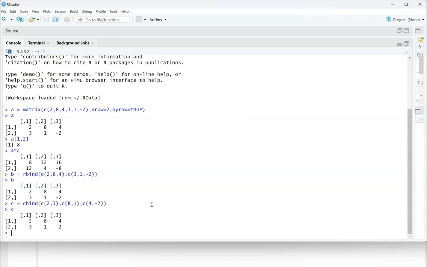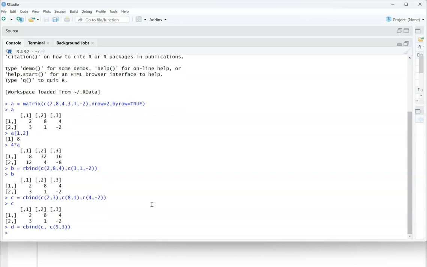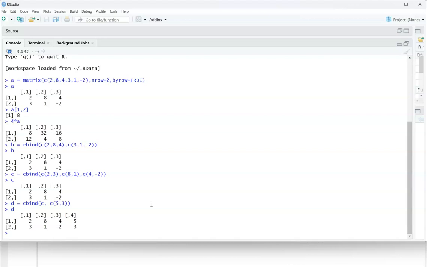You can use the same column bind command, C bind. The matrix we used was C to start with, right? And then let's say we want to put another column on here that has the entries 5, 3. It'll stick that column on the end. So you can start adding things to matrices that way and add on extra columns as you go along.